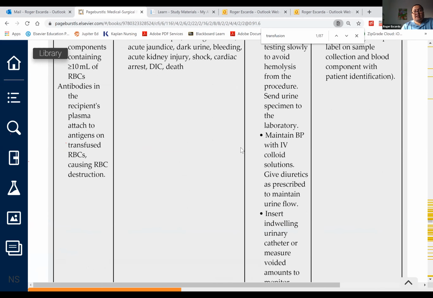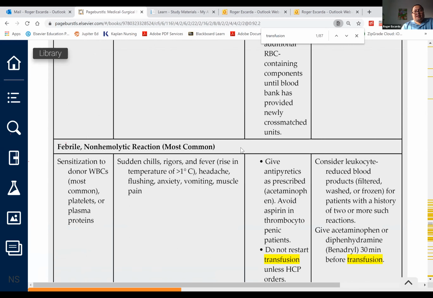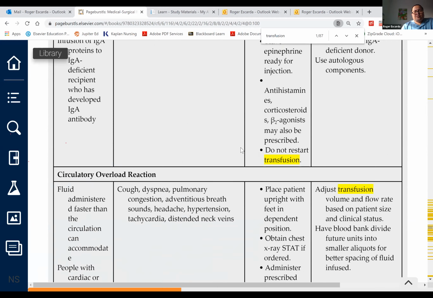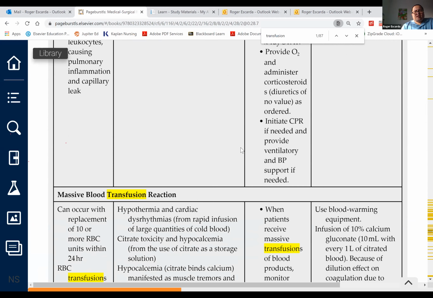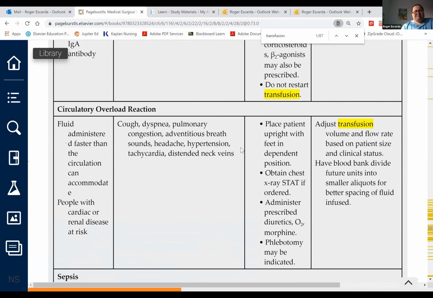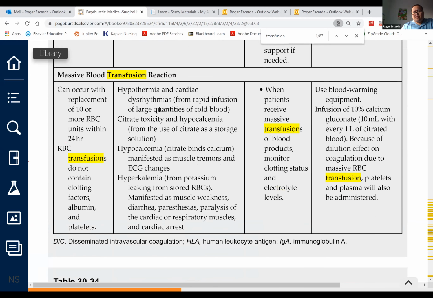So this is again table 30-33. There's really no such thing as which one is most common. Yeah, they're all testable.